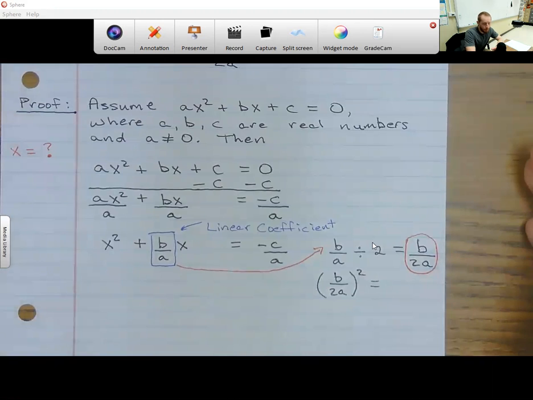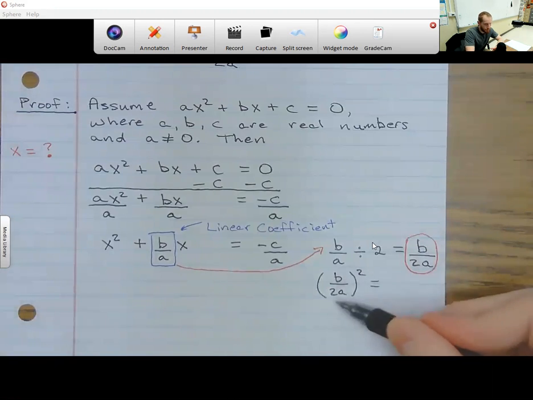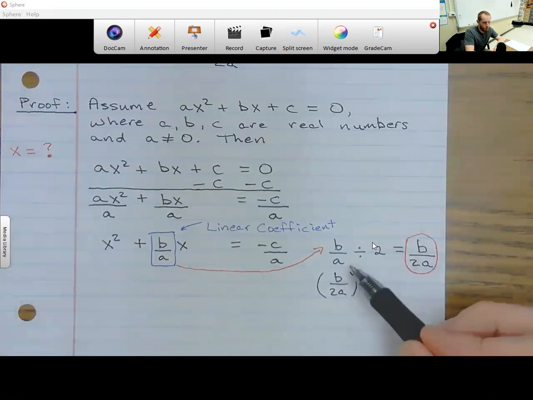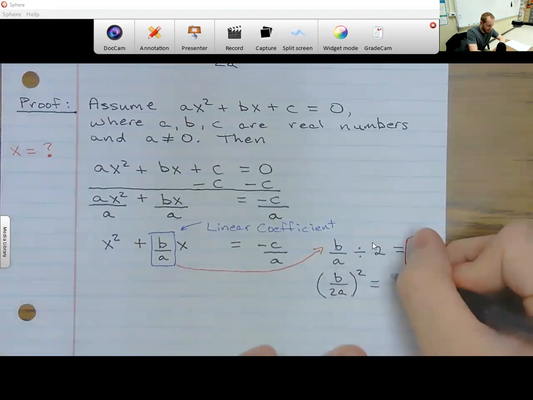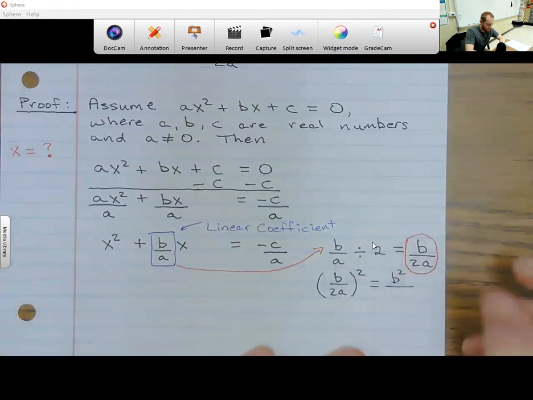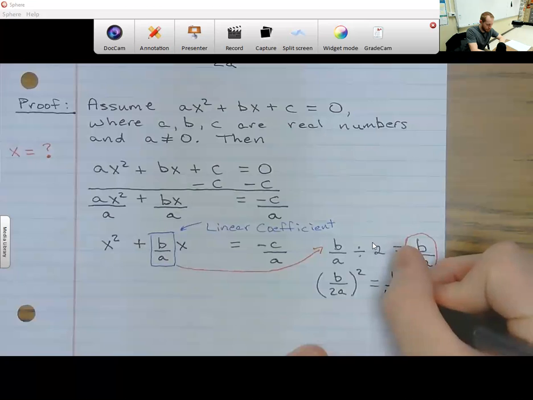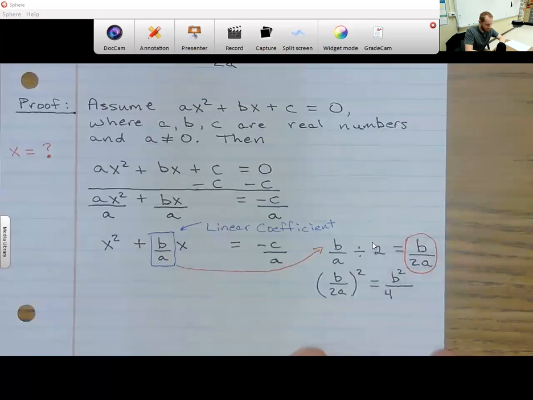Now, when I square a fraction, I have to square the top and I have to square the bottom. If I square b, I'm going to get b squared, right? But then what happens when I square the bottom? If I square 2, I'm going to get 4 because 2 times 2 is 4, right?